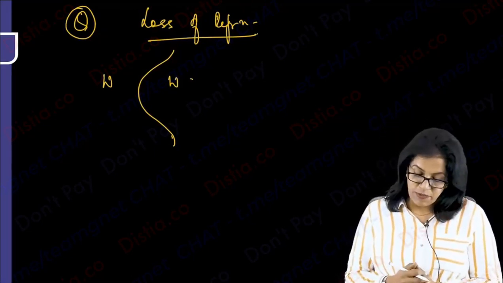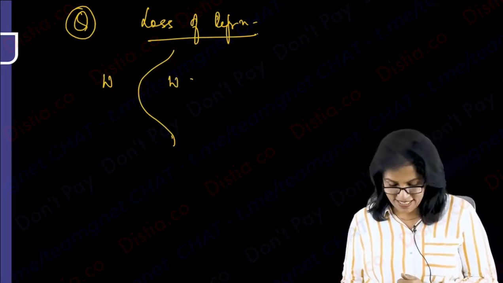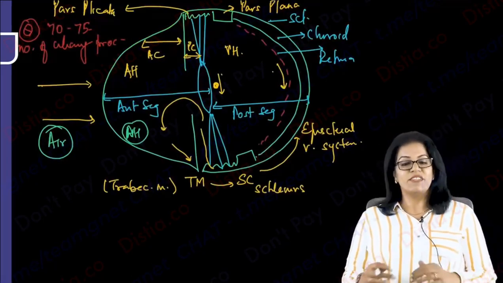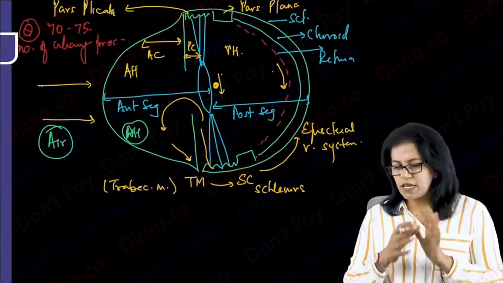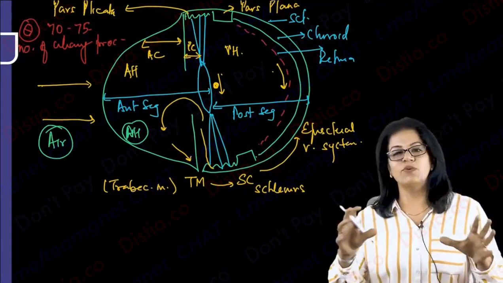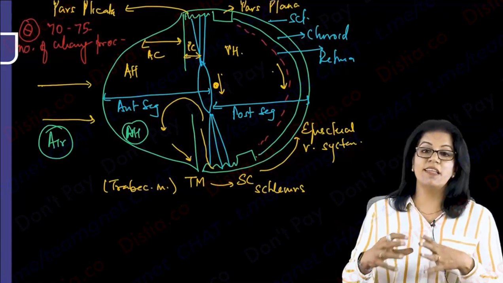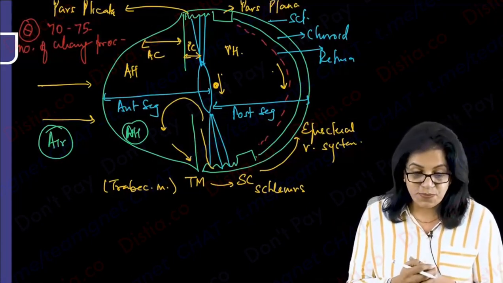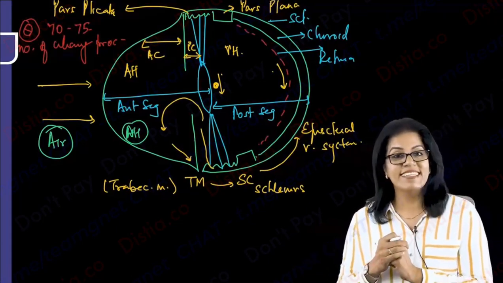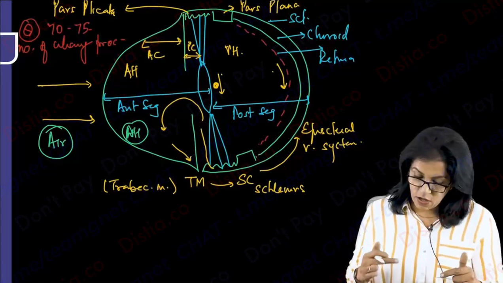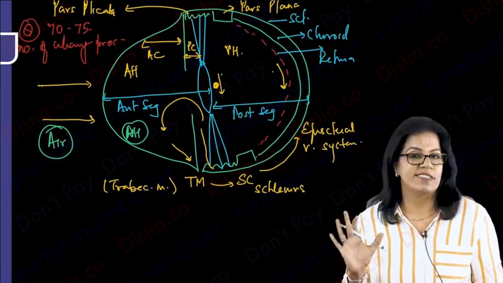Okay. So, let's go back to our master diagram. I call it a master diagram. We discussed so many things here. Now tell me one more thing. Do you realize, after I have told you the whole story about the eye, that the main role of the cornea and lens is to focus the light rays? Correct? And the main role of the retina is vision.